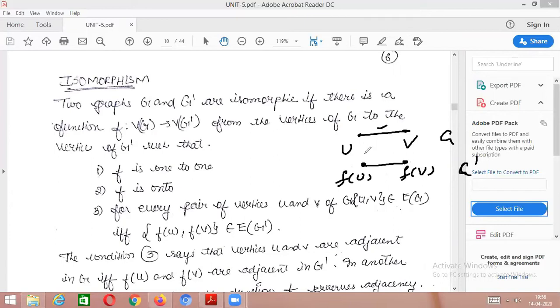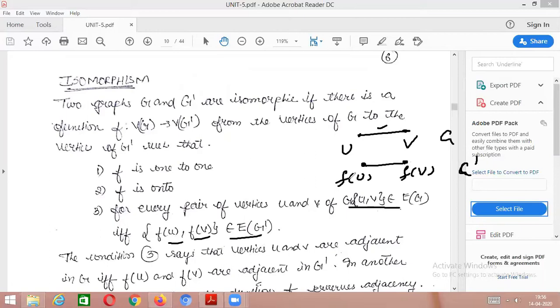Previously we discussed that if u and v have an edge, then u and v are called adjacent vertices. Since f of u and f of v have an edge, f of u comma f of v are adjacent vertices. So the third condition is, if u comma v have an edge, then f of u comma f of v also have an edge in G dash.